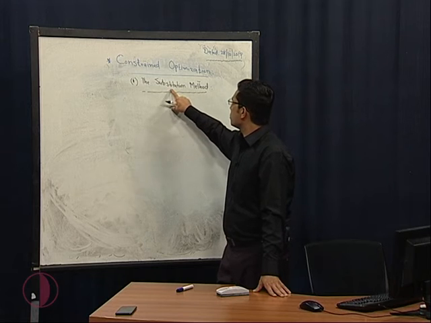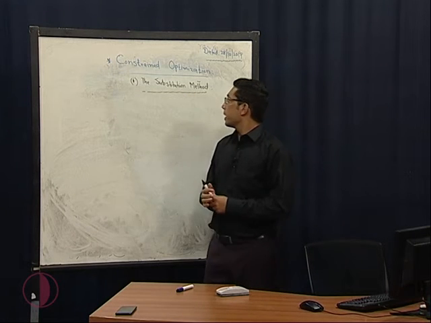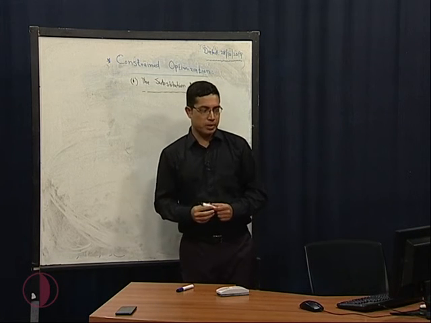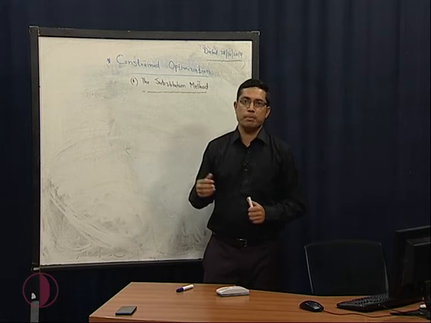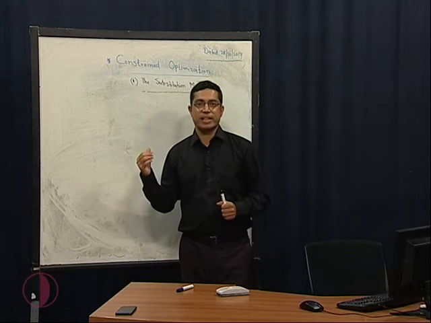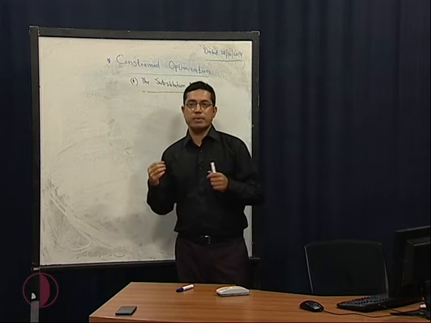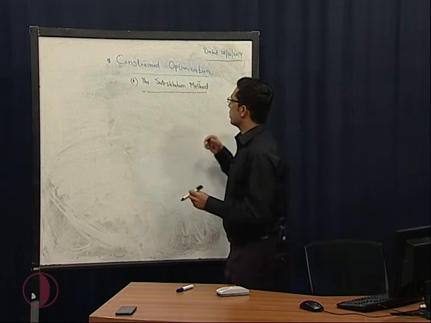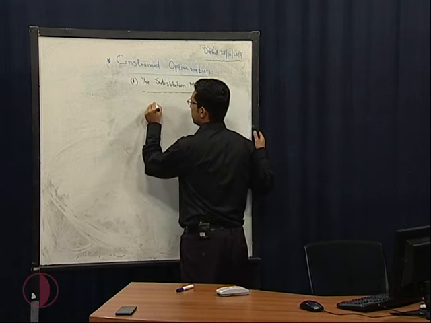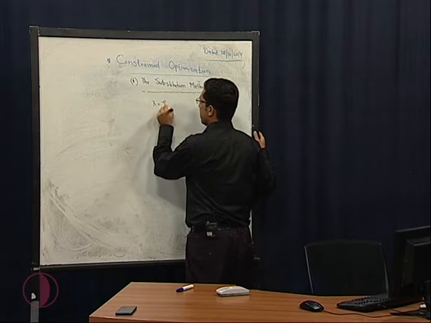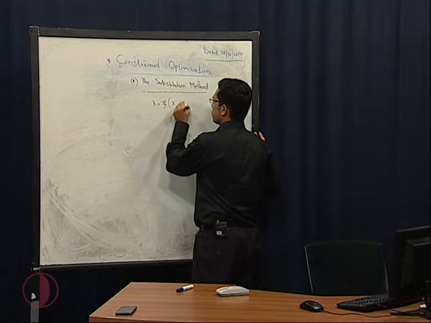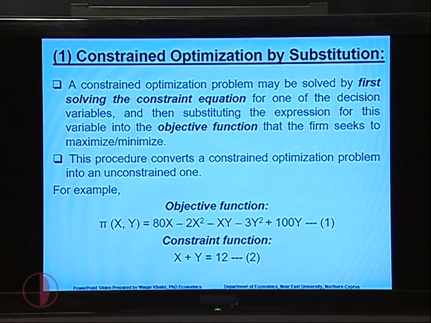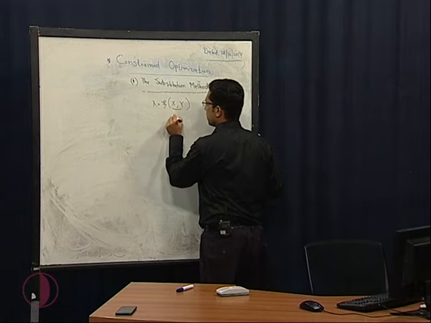So, by using this method, what we will do? In the substitution method, a constraint optimization problem may be solved by first solving the constraint equation for one of the decision variables. We have two variables, as we have discussed previously. We have discussed that profit is the function of x and y. X means commodity x, y means commodity y. So, these are the decision variables.